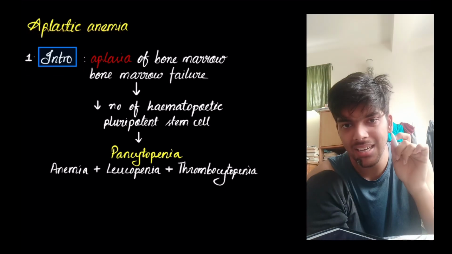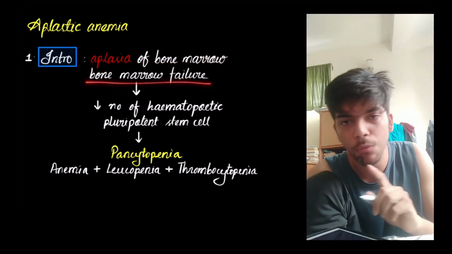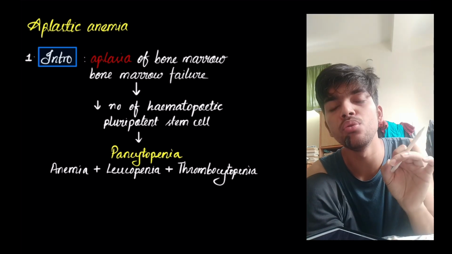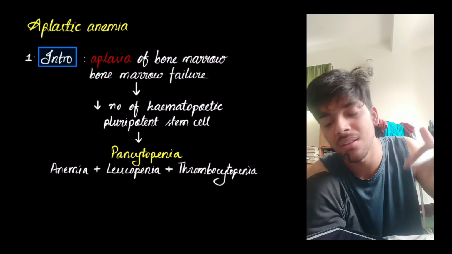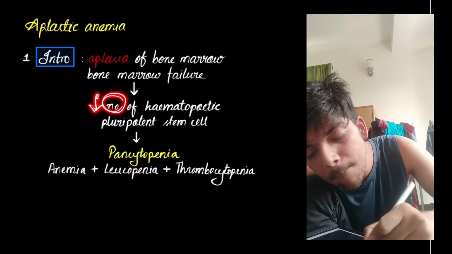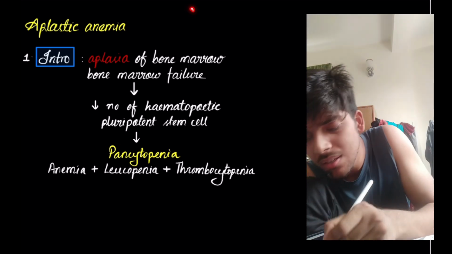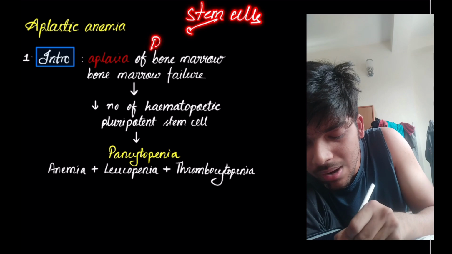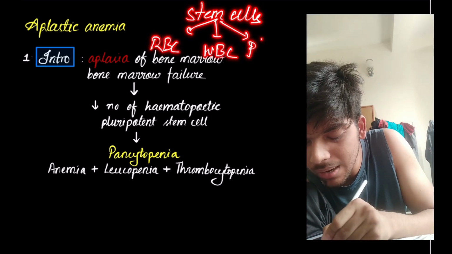In aplastic anemia, there is aplasia of bone marrow or bone marrow failure. Basically, your bone marrow fails to produce more stem cells. When it fails to produce more stem cells, there is a decrease in the number of these stem cells. See, these stem cells are responsible for the production of red blood cells, white blood cells, as well as platelets.